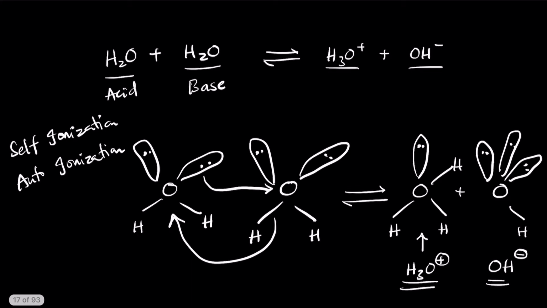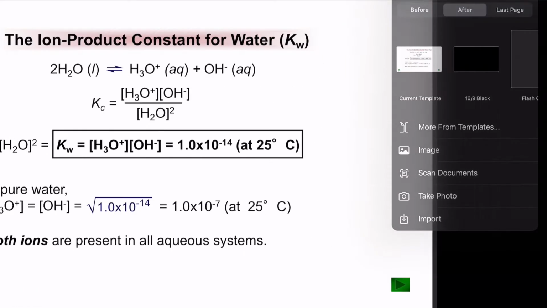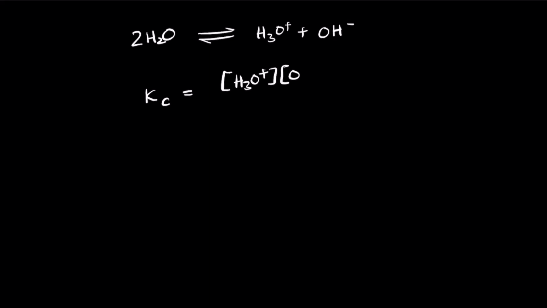So why do we need to know this? Let's take a look at another common constant called the ion product constant. Let's take a look at the autoionization process, and let's write the equilibrium constant for it. This results in H3O plus times OH minus over H2O squared.